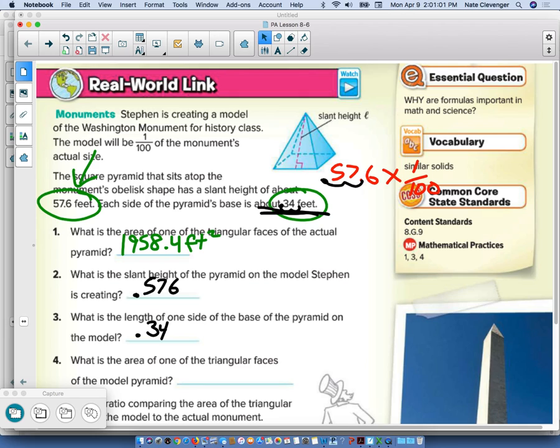The difference is our base and our height are now 0.576 instead of 57.6 and 0.34 instead of 34. Since we moved our decimal over 2 places on each of those, is our answer going to be just moving the decimal over 2 places on our answer? Hannah says yes. No. Plug it in and see.